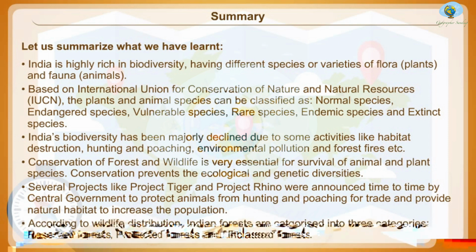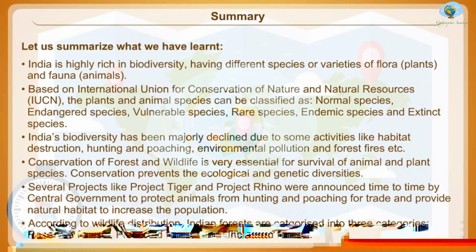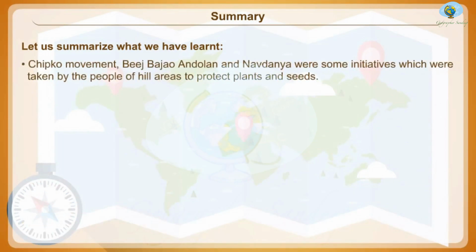According to wildlife distribution, Indian forests are categorized into 3 categories: reserved forests, protected forests, and unclassed forests. Chipko movement, Beej Bachao Andolan, and Navdanya were some initiatives which were taken by the people of hill areas to protect plants and seeds.